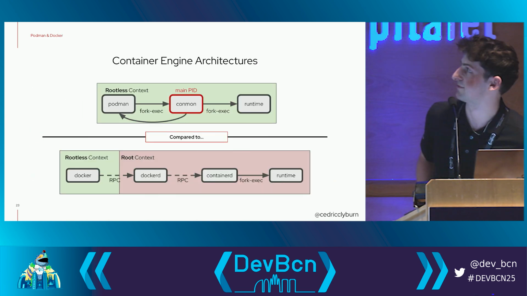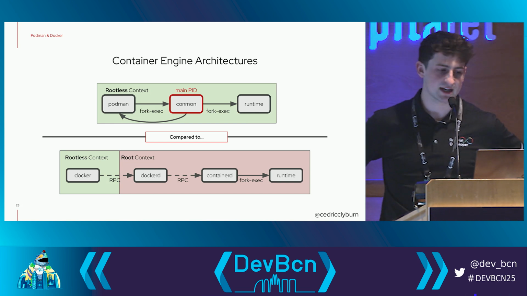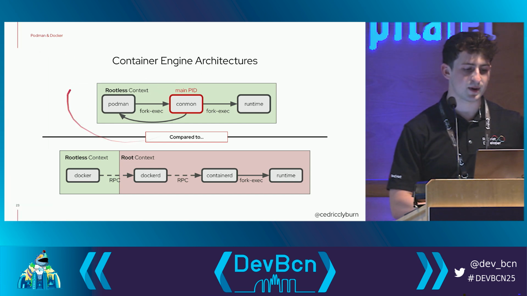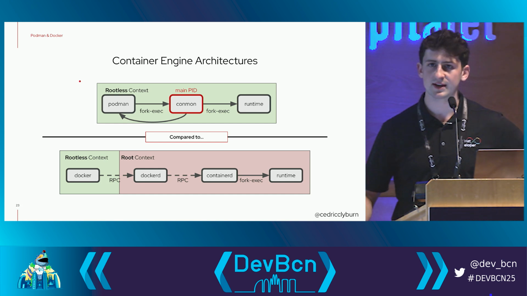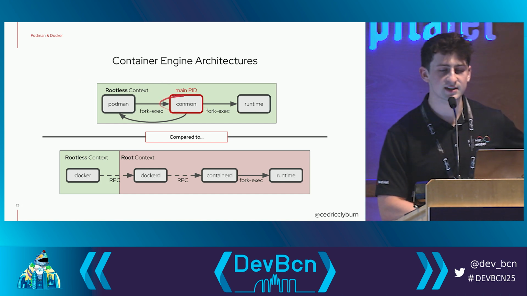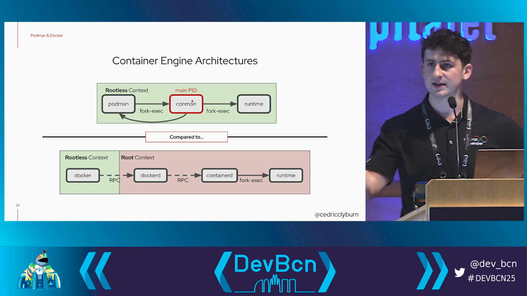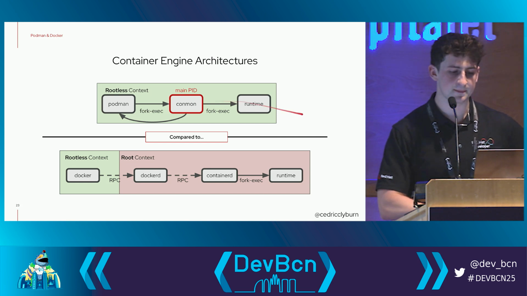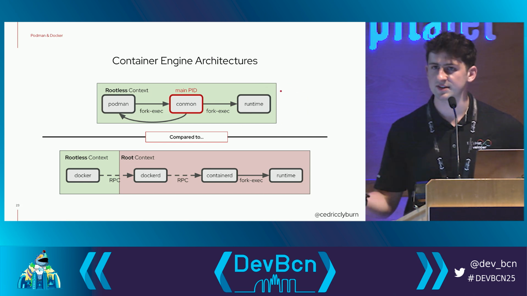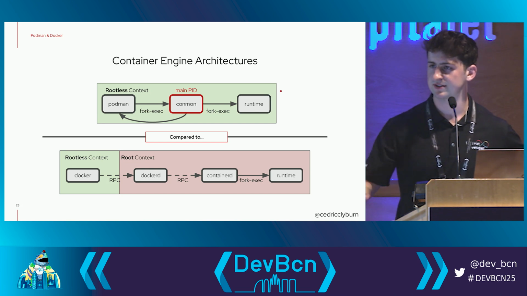Now, the big difference here is, again, that architecture. So if you're working with Podman, what's happening is you're forking itself as a process. It uses a utility called conmon in order to reclaim the resources when you stop that container. And then you're using your runtime like runc in order to spawn the resources to run your application.